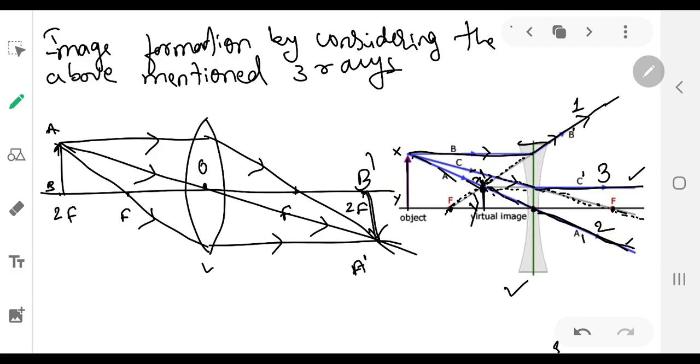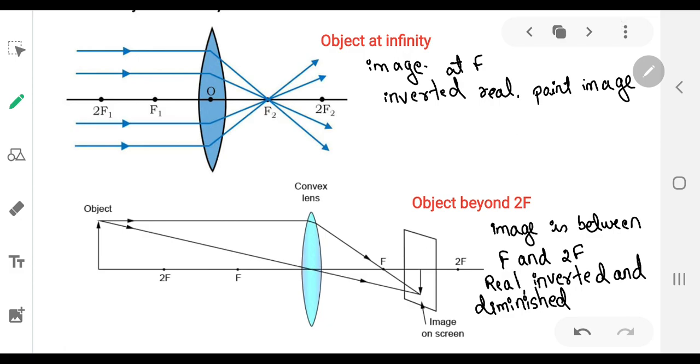Now we shall see the image formation by convex lens for different object distances. So the first possibility is when the object is at infinity. When the object is at infinity, the rays coming from the object will be parallel to each other.